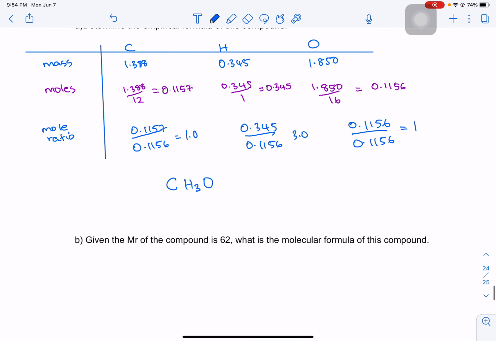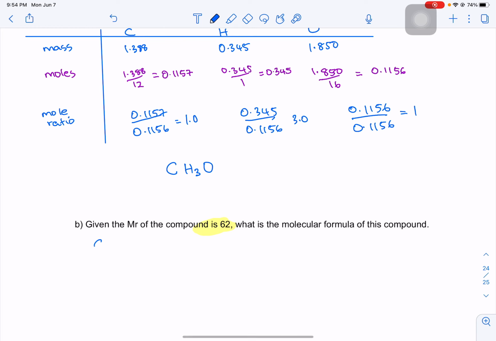And again, here they told us that 1 mole of this compound is 62 grams. For us to figure out the molecular formula, we need to find the molar mass of this empirical formula. So CH3O will be 12 plus 3 times 1 plus 16 times 1. The answer is 15 plus 16, which is 31.